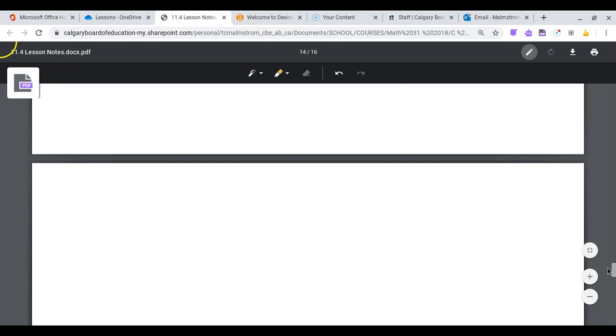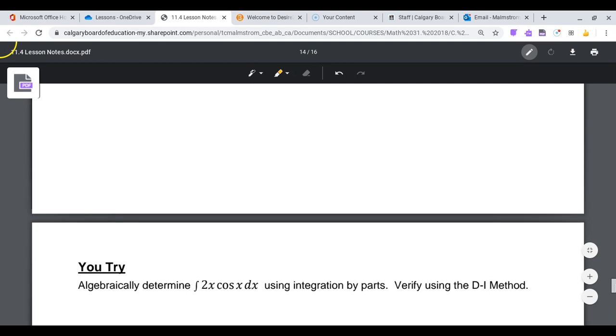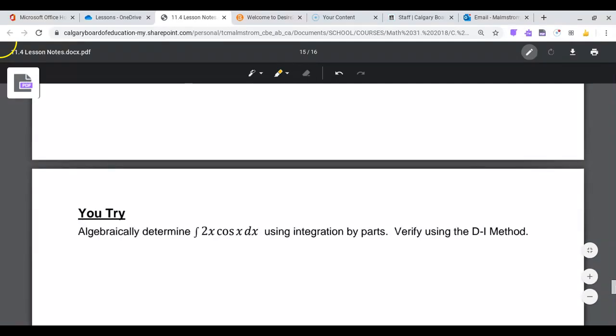Okay, so these are out of order, but here's a second question that you could try. The integral of x squared cos 4x dx. So feel free to give those a try. I'll write up the solutions if you're interested in just giving a couple questions a practice run before you try it in your assignment.